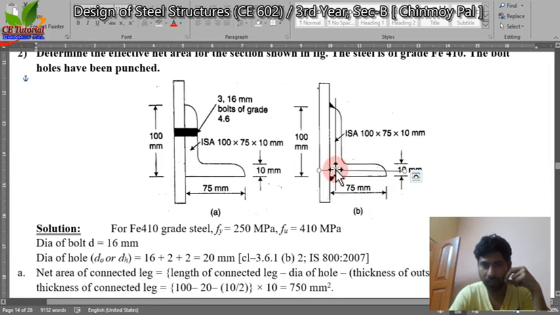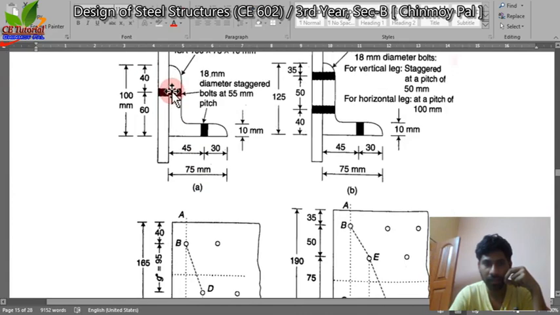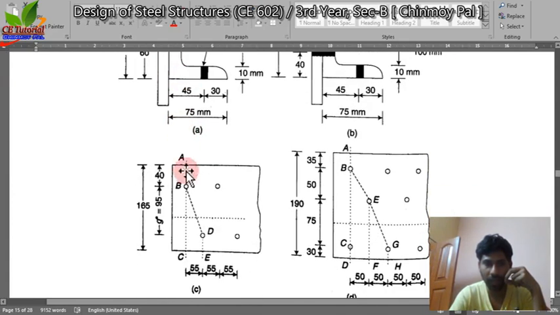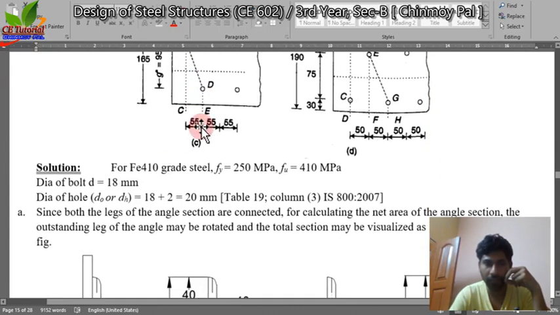About this point, we are rotating this part, the other leg, and we are creating a plate-like element. After that, we are calculating the net area.